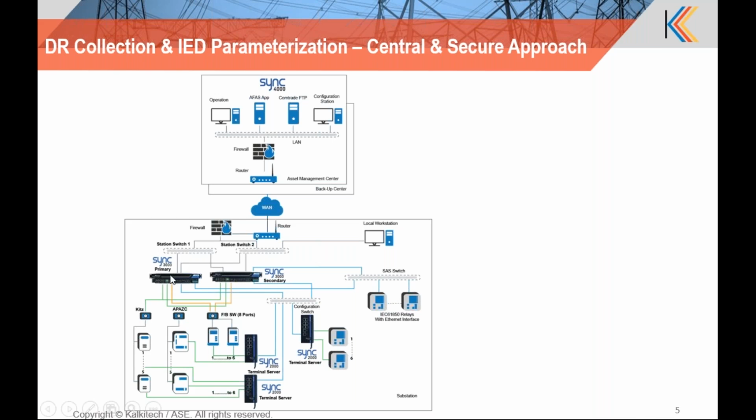Whenever there is a new file available in the device, it is pushed to the central system, and in the central system, the user will be able to define the folder structure or a hierarchical structure in which the availability of files depending upon the feeder will be available.